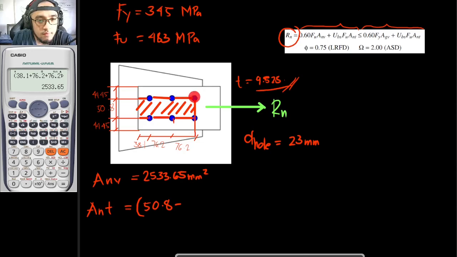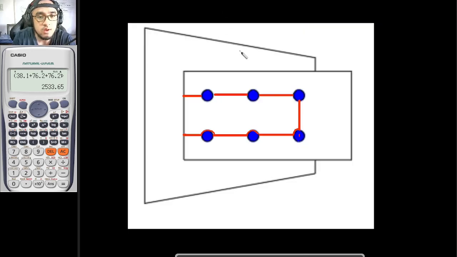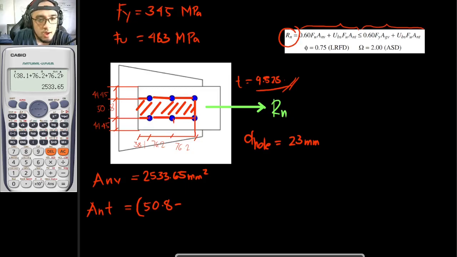It would be 1/2 of this bolt and 1/2 of this bolt, since the dimension of 50.8 is in this location right here. And we only need this dimension right here. So that is minus half of this, that is 1 times the diameter of the hole, which is 23.